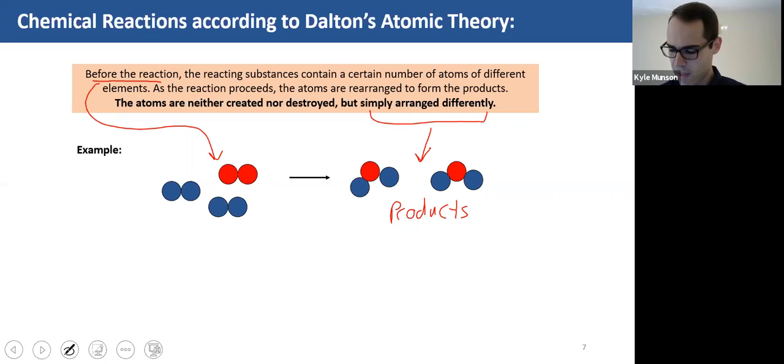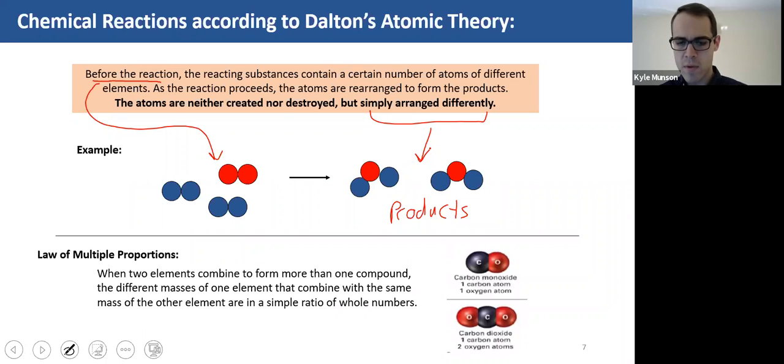The final thing that I mentioned at the beginning of the video was the law of multiple proportions. It says when two elements combine to form more than one compound, so in this case we have carbon monoxide, which is one carbon atom and one oxygen atom, and over here we have carbon dioxide, which is one carbon atom and two oxygen atoms, then the different masses of one element that combine with the same mass of the other element are in a simple ratio of whole numbers.